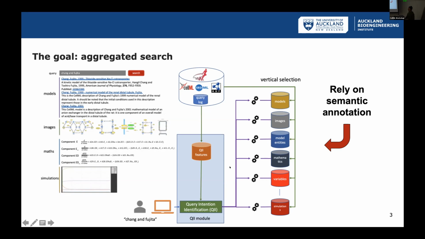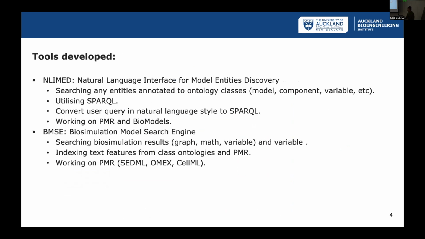But all of these rely on semantic annotation because, for example, to locate the correct variables, the variables should already be well annotated to ontology classes. Therefore, we now develop two tools, NLIMAC and BMSE. NLIMAC is a natural language interface for model entities discovery, searching for any entities annotated to ontology classes.